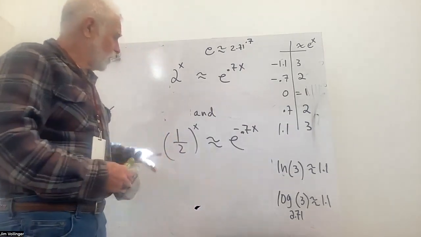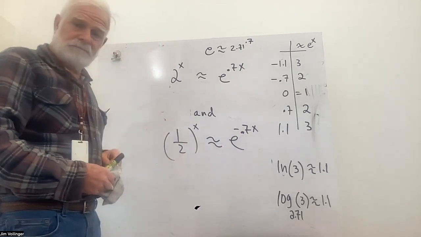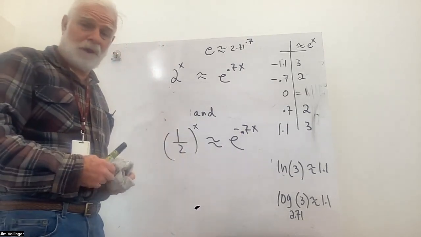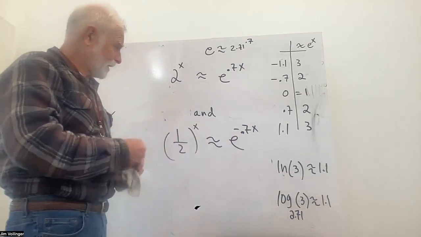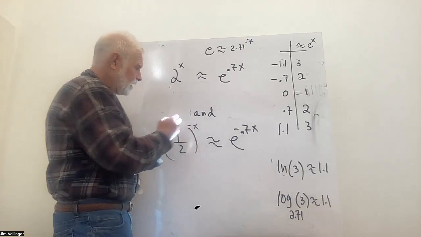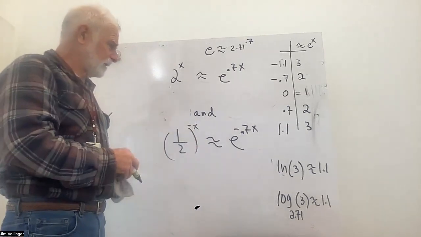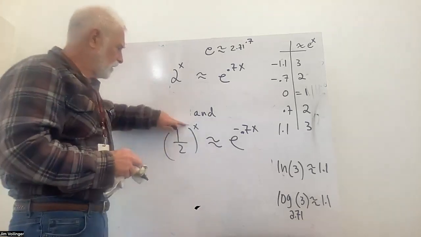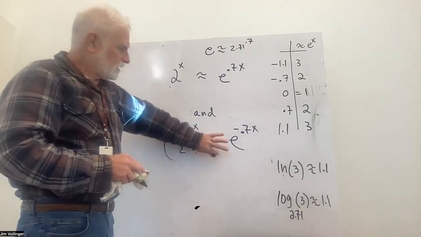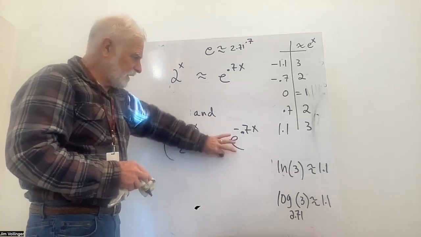Okay. And so 1/2 to the x, a little repetition here already. What does a negative sign do? So 1/2 to the negative x. I should have put that minus sign there. Lost track of what I was after. All right. So this flips the base, right? A minus sign flips the base.